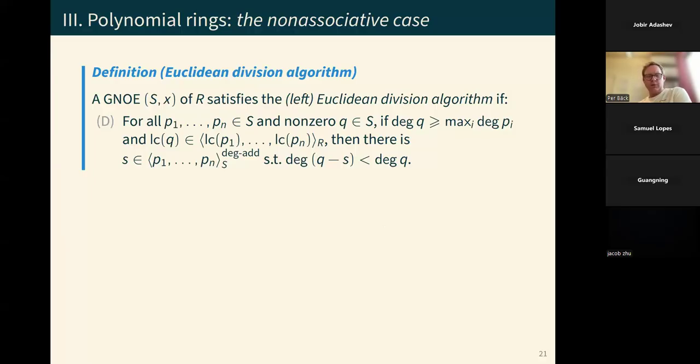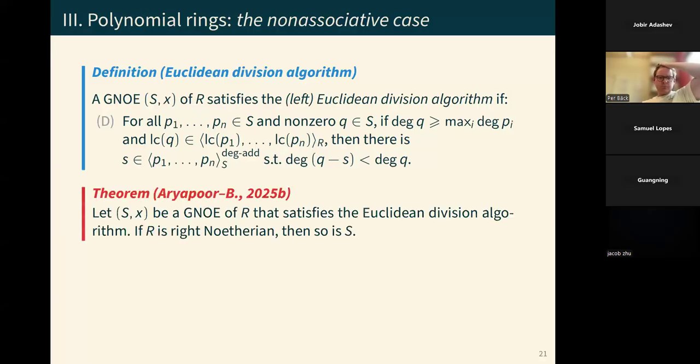And then the degree of Q minus S should be smaller than the degree of Q. Okay, so that's a version of a left Euclidean division algorithm. And now it turns out that if you have a GNOE that satisfies this left Euclidean division algorithm, then you can lift the property of being right Noetherian.